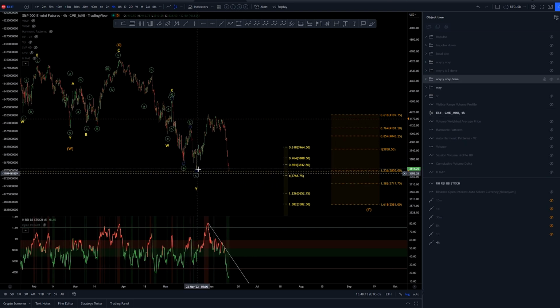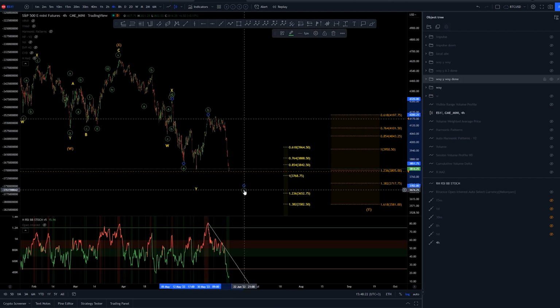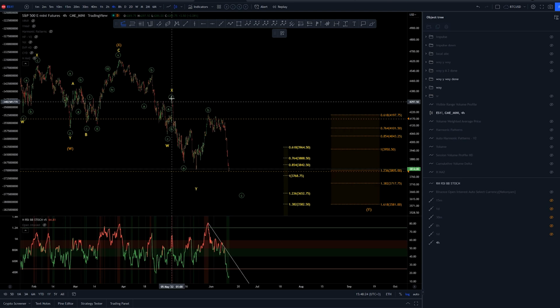Instead of having this as an ABC, we can have this as an A, then B, like so, and then have a C wave coming down, like so.